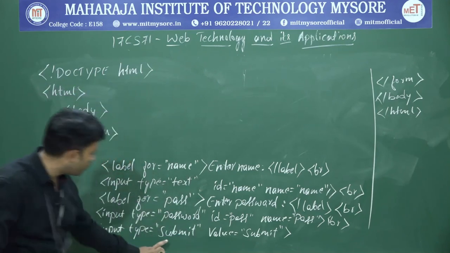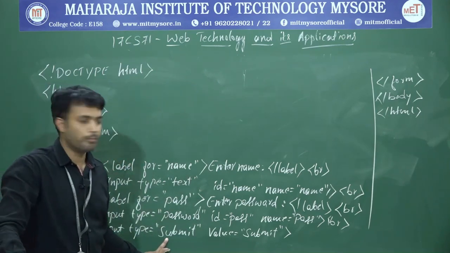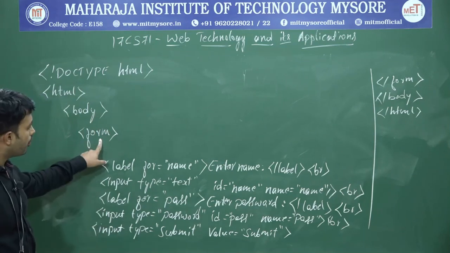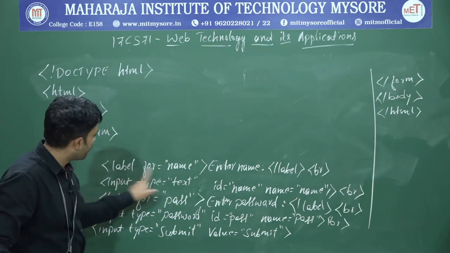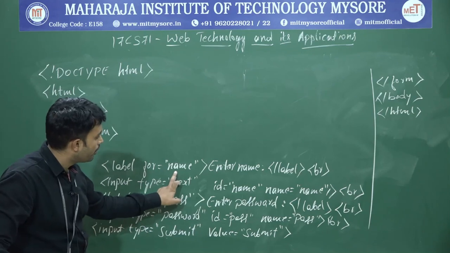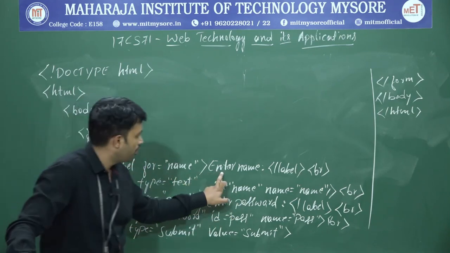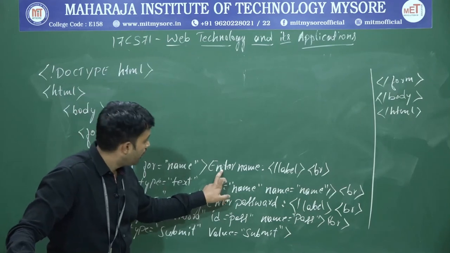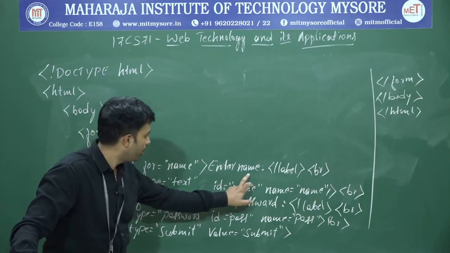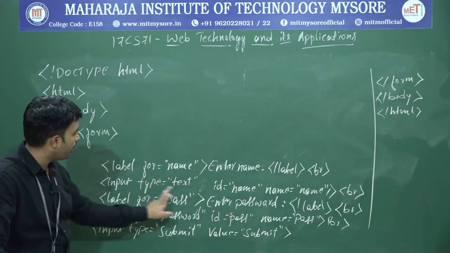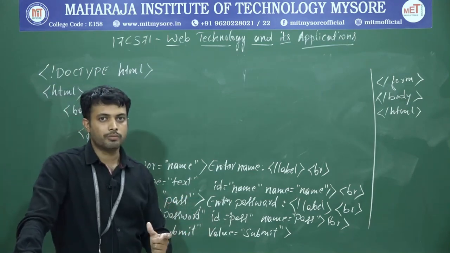Here I have used a submit button, that means the inbuilt button. Under the form, I have used a label for name, where the ID is name. For this input, it will set a label called enter name, followed by input type equal to text, that means you can see a text box.